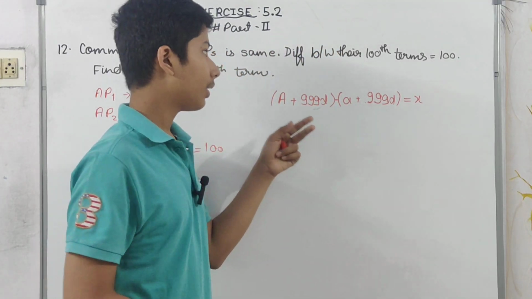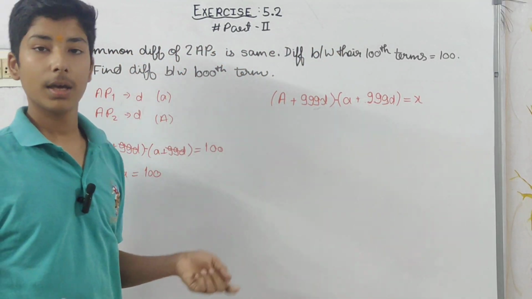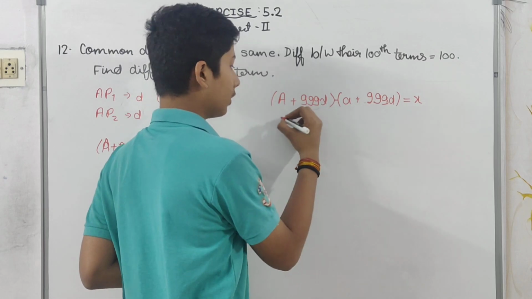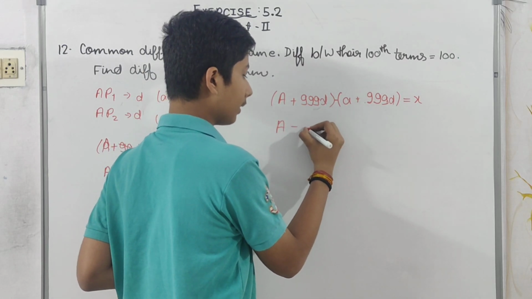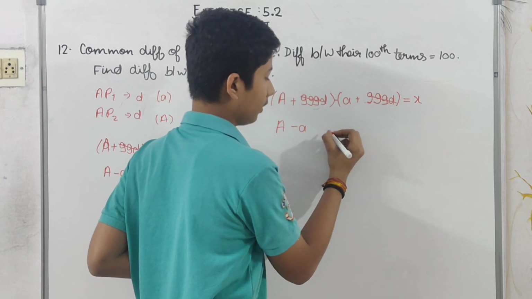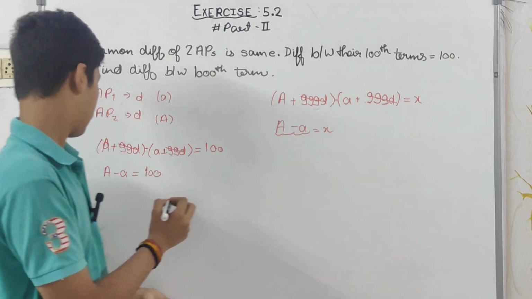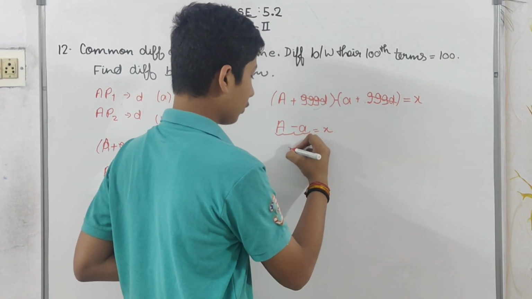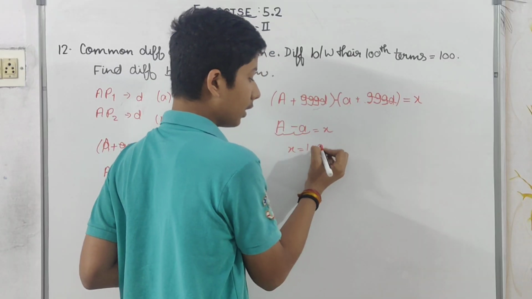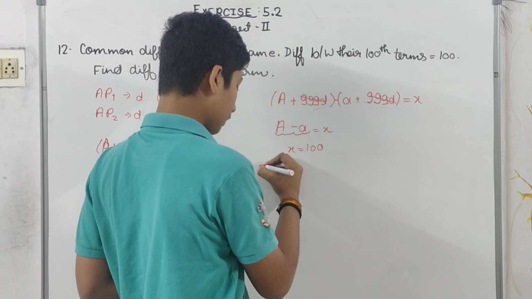We let the difference between their thousandth terms be x. So it will be a minus a' because these will get cancelled, equals x. Now a minus a' we have found to be 100. So x equals 100. Now we have got the answer.